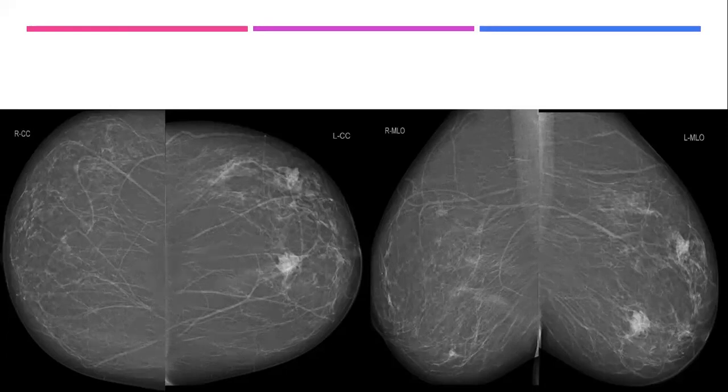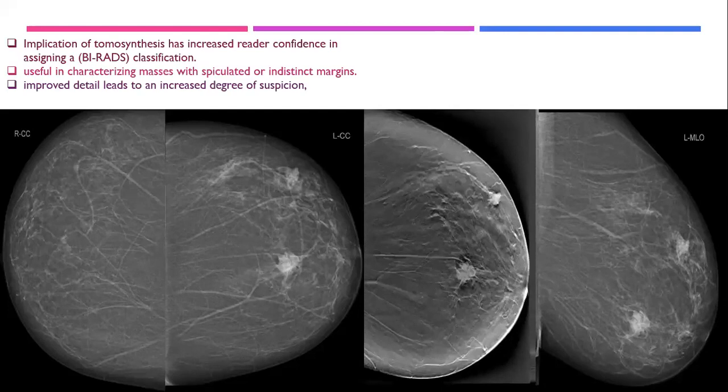But because they are high density and irregular, it will be BI-RADS 4C, because I add other features. So I can proceed to characterize it further. These are suspicious.